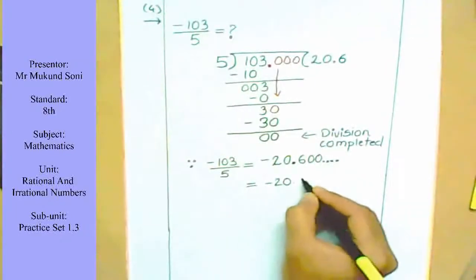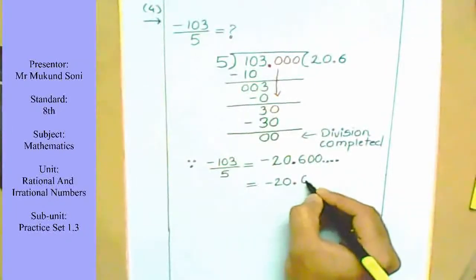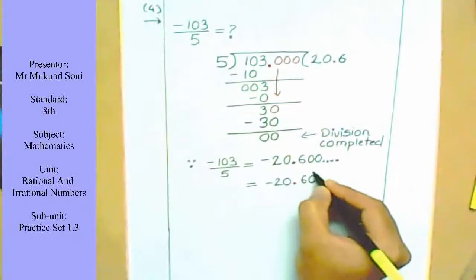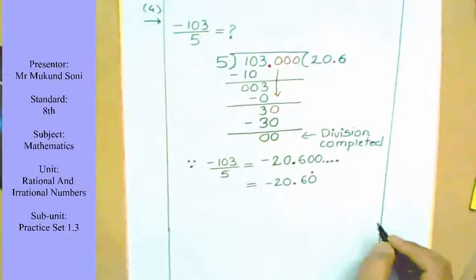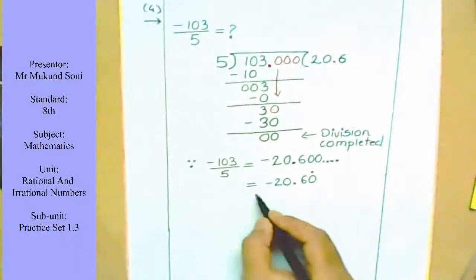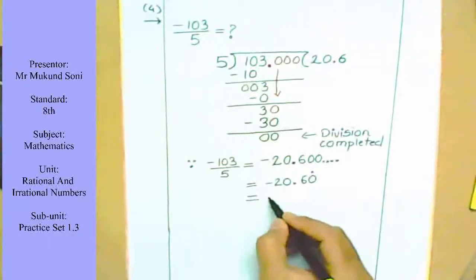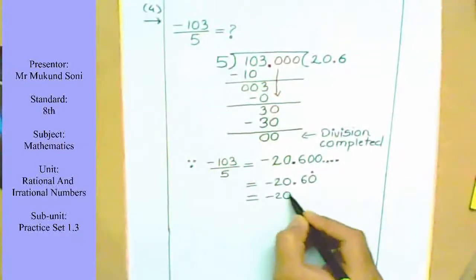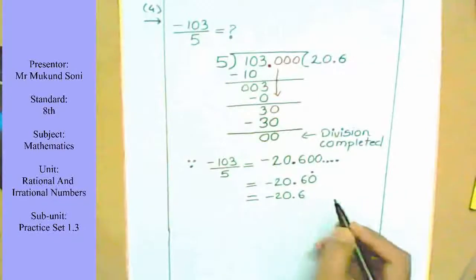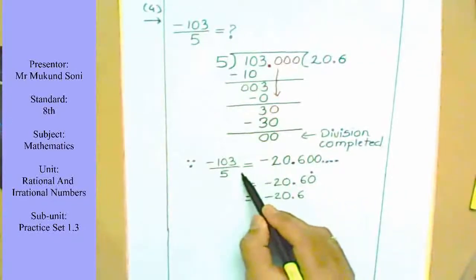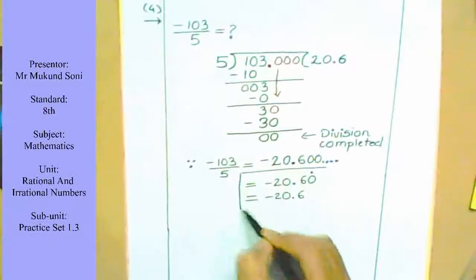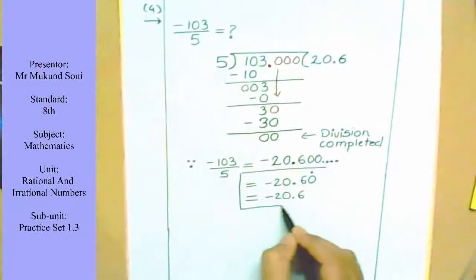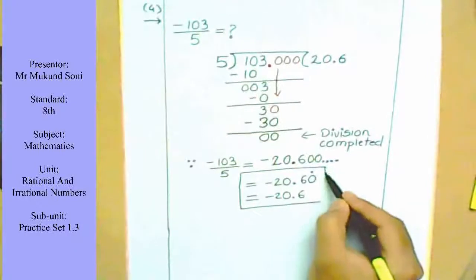Then 20.60, and the dot above the 0 represents that 0 is a recurring digit. Also, your answer is negative 20.6, as the recurring 0 does not necessarily have to be part of your answer. You can keep it, or even if you remove it, there is no problem.